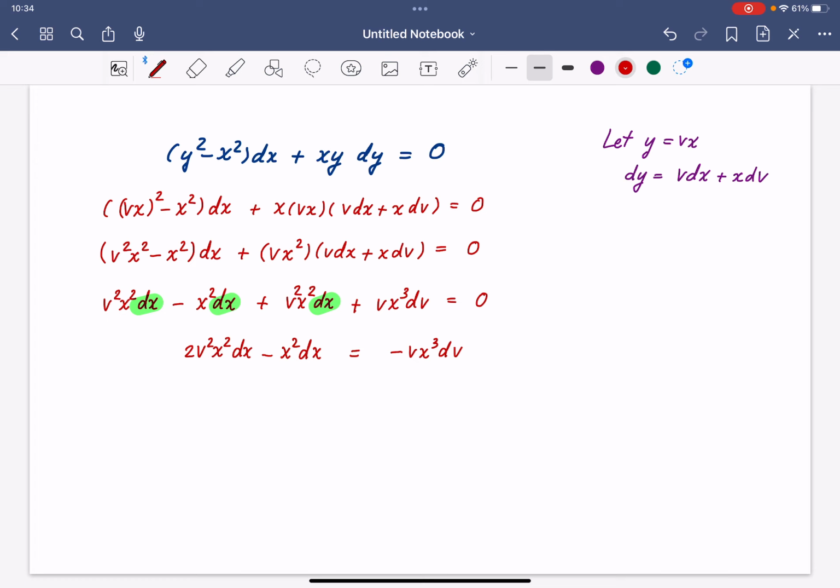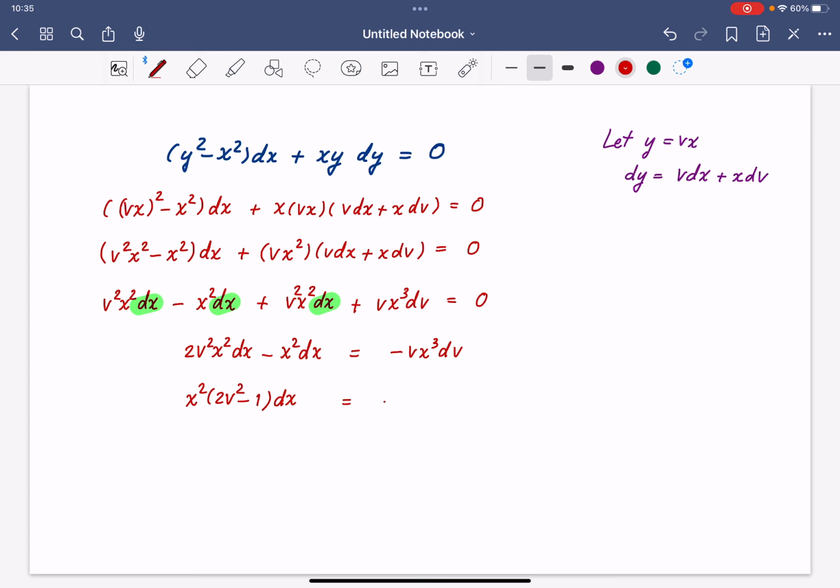The idea is you're trying to move v to one side and x to the other side. So we're going to save everything in terms of v to the right, and everything in terms of x to the left. So we pull out on the left hand side x squared, and we have x squared times (2v squared minus 1) dx.